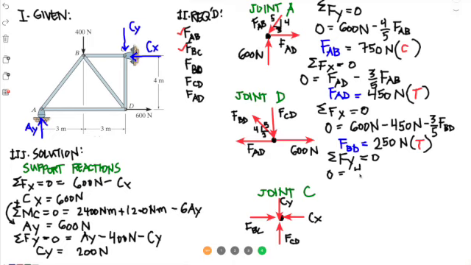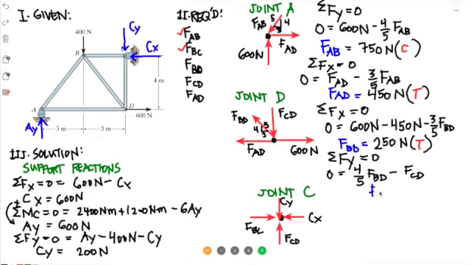So that's 4/5 FBD minus FCD. So we just need to multiply 250 by 4/5. So that's 250 times 4 divided by 5. That's 200. So FCD will have a value of 200 newtons, and it's positive.